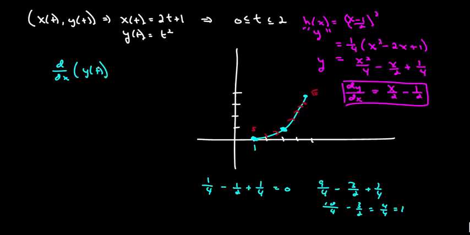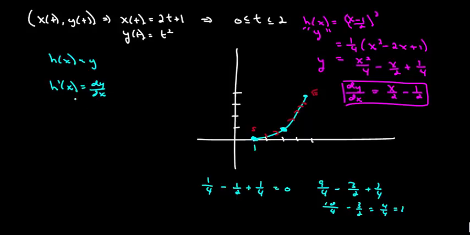Okay, so you would see some t's floating around in here. Well, we would want to use the chain rule here. Let's say y is a function of x, so this guy right here, h of x. And now I want h prime of x, which is dy dx. That's what I'm looking for.